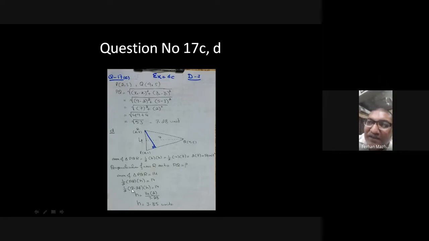The PQ value is 7.28. To make H alone, the 2 dividing will go on the other side and multiply. The 7.28 multiplying with H will go on the other side and divide. When you do this calculation, you will get H equals 3.85. So this is the perpendicular coming from R onto PQ.